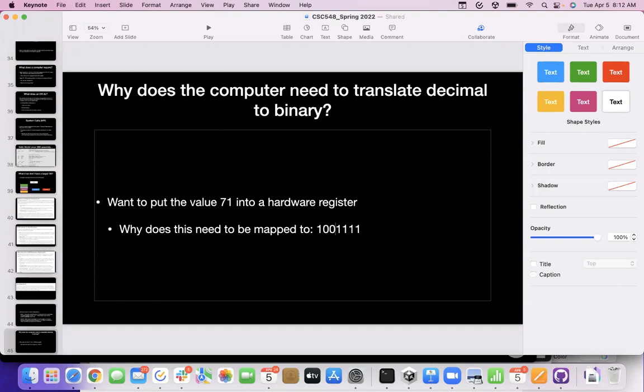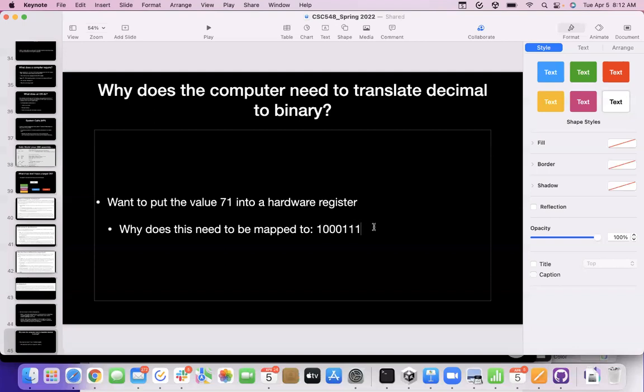So that is 72. Nope, that's not going to get us there. 64, 68, 70, 71. Ones, twos, fours, eights, 16s, 32s.